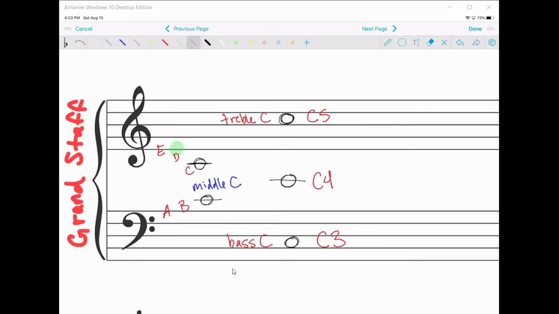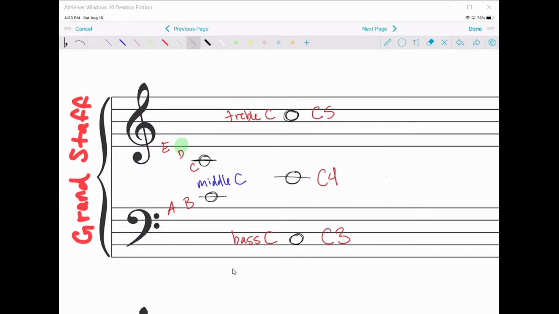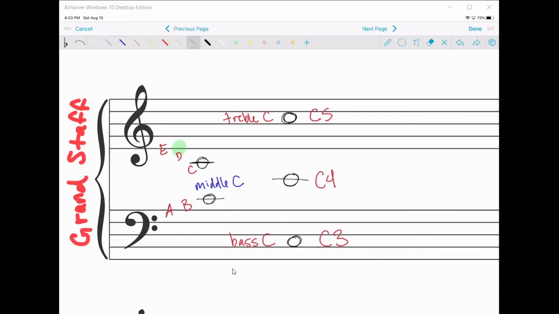If we keep going, some other important C's that we'll learn. I'm going to add some ledger lines because I need to make this a little bit higher. This would be F on the line, A on the line, C on the line. So if I went up, you could see it would be C, D, E, F, G, A, B, C. So there you go.